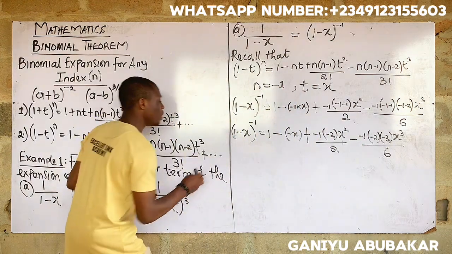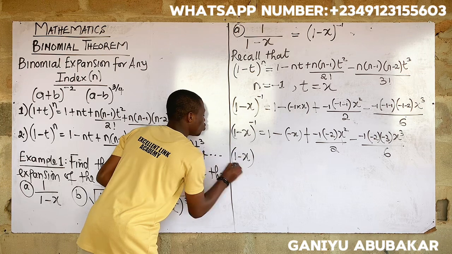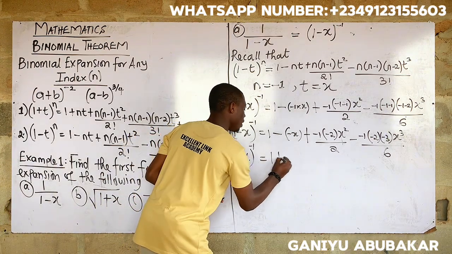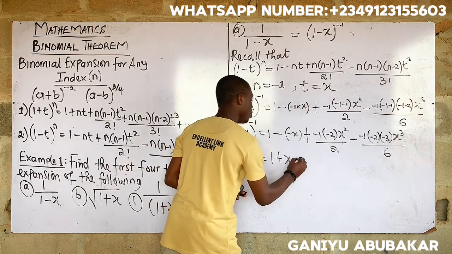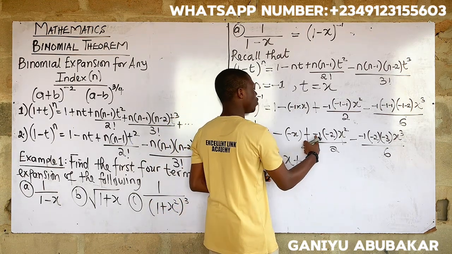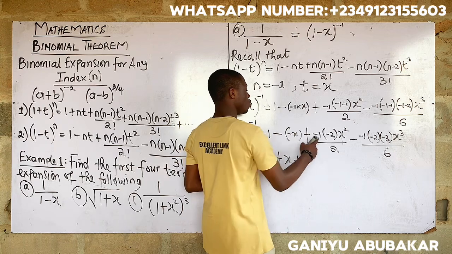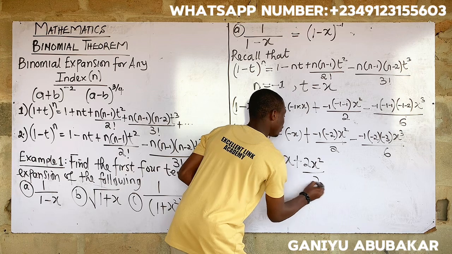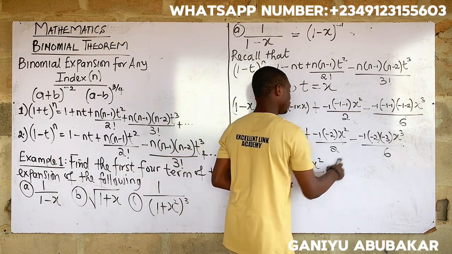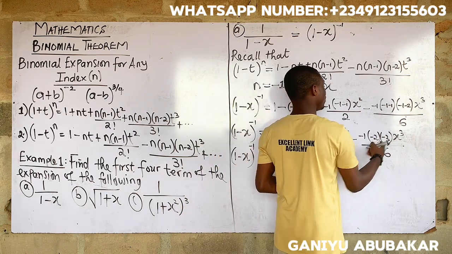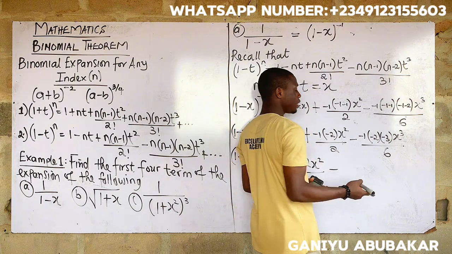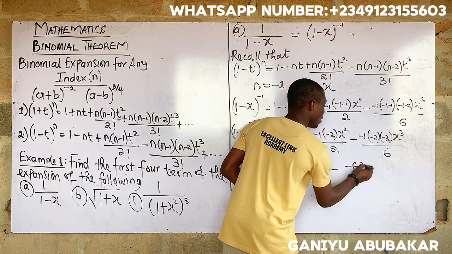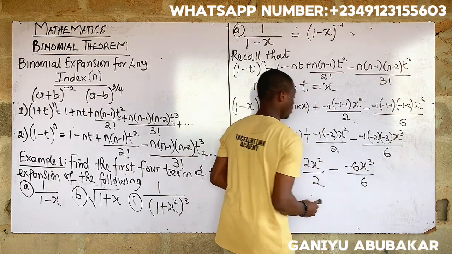From here, 1 minus minus x is plus x. So 1 plus x plus, observe, minus is plus, 1 times 2 is 2, that's 2x squared over 2, minus, this minus is minus here, -2 times -3 is plus 6, plus 6 times -1 is -6. So I'll have -6 x cubed over 6.